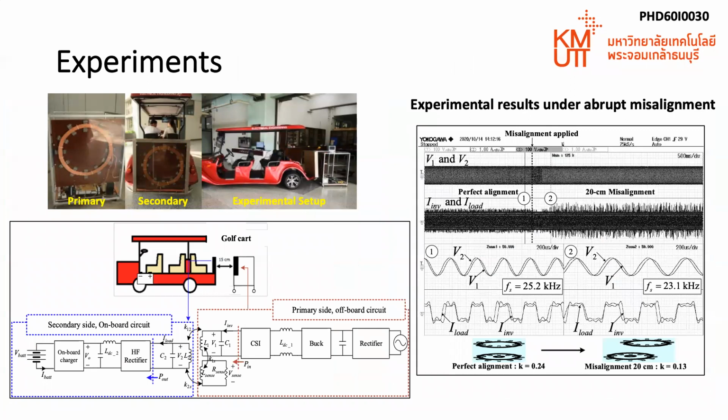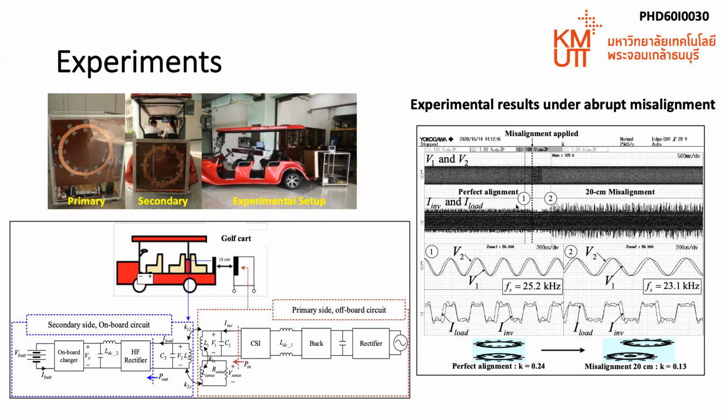With this strong advantage, the proposed system can be applied to a small electric vehicle. The output of the WPT system is connected to the onboard charger on the vehicle, and this is the result under abrupt misalignment.